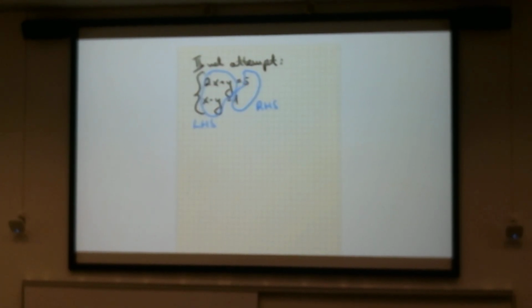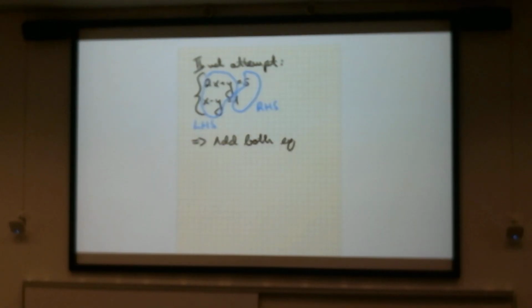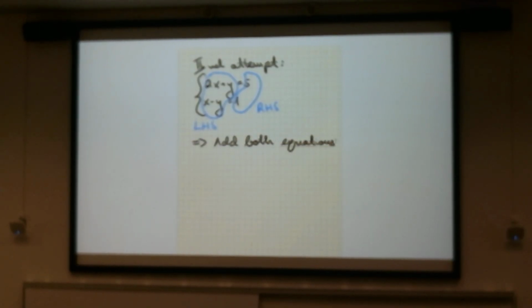And that's just the way it is. It has to be equal. So then if you add both equations, then it's going to be 2x plus y plus x minus y equals 5 plus 1, like this.